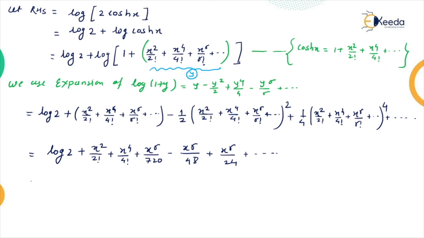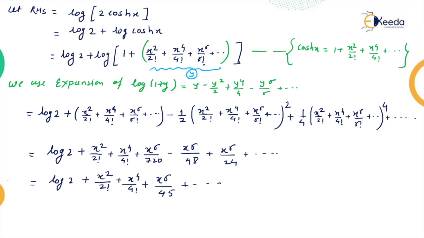So the log of 2 plus x square divided by 2 factorial plus x raised to 4 upon 4 factorial plus x raised to 6 upon 45. You have to check, guys, after calculation you will get this as the series.